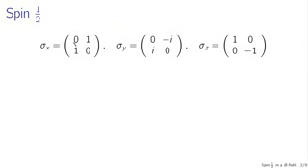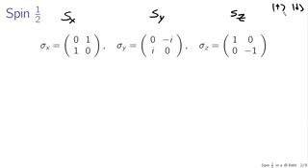The mathematical structure we're dealing with is the same as it has been for the past couple of lectures. We have three components of spin angular momentum: S sub x, S sub y, and S sub z, expressed in terms of a basis of up and down. By up and down I refer to the eigenvectors or eigenstates of the z component of angular momentum.